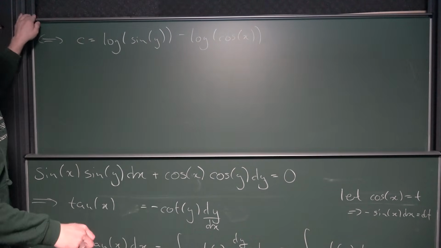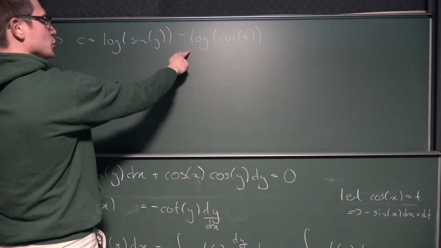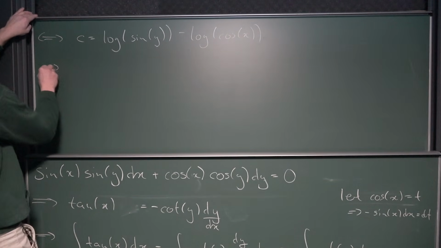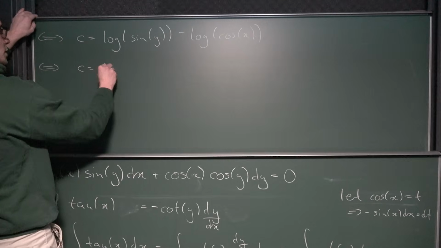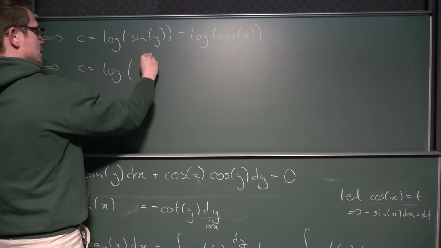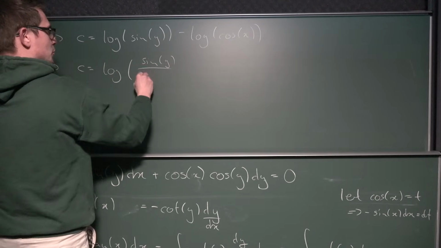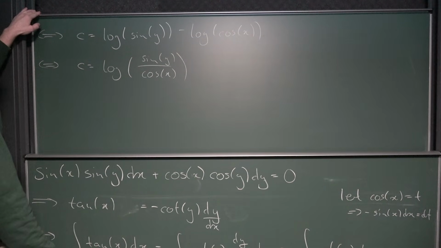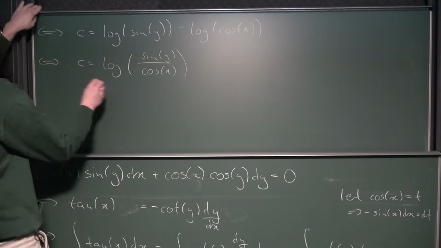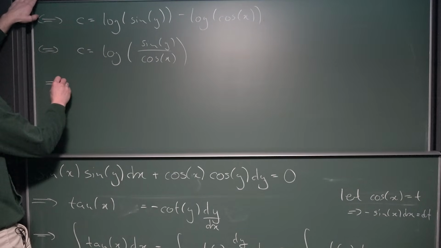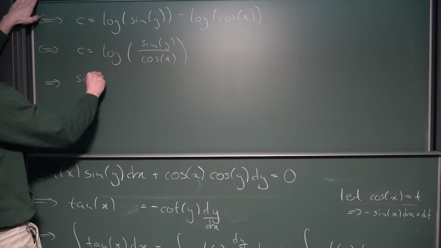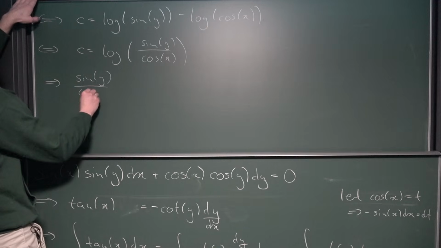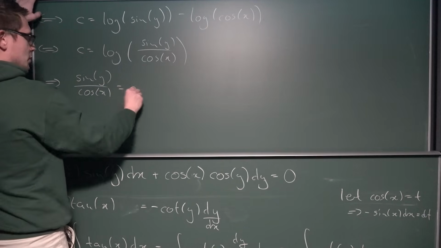And this should do the trick, I suppose, because now we can use logarithm rules. So this right here turns into the constant being equal to the natural log of sine of y divided by the cosine of x. And now we can exponentiate both sides. So we get that the sine of y divided by the cosine of x is equal to e to the c.